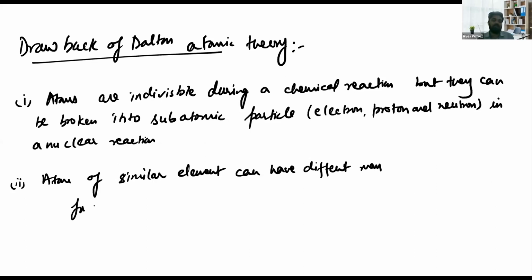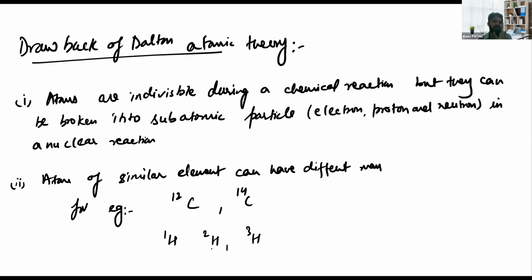For example, carbon 12 and carbon 14. Like hydrogen 1, hydrogen 2, and hydrogen 3. There are three types of hydrogen found: one hydrogen with mass 1, the second with mass 2, and the third one is hydrogen with mass 3.